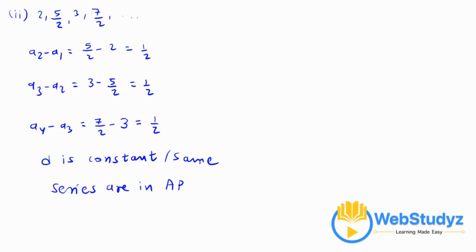So as the series is in AP, we have to find the next three terms of the series, which are A5, A6 and A7. So A5 will be 7 by 2 plus 1 by 2, which is equal to 4.